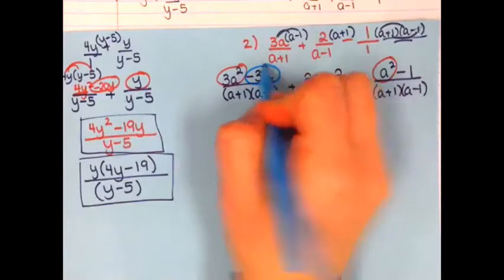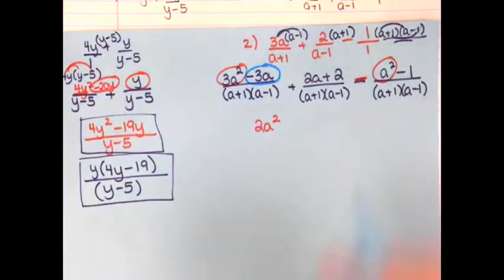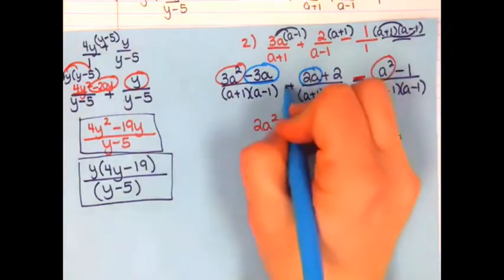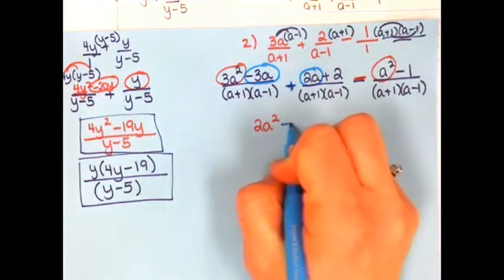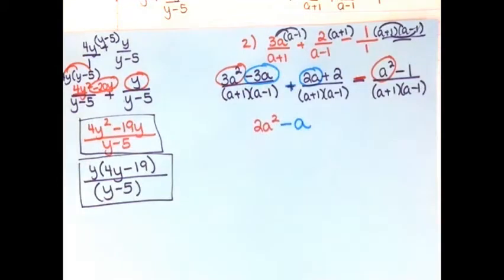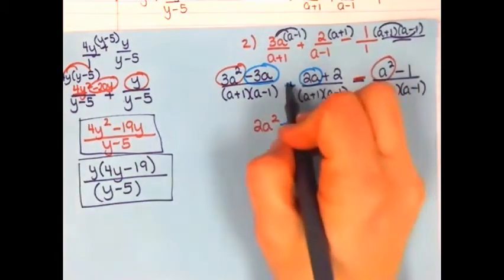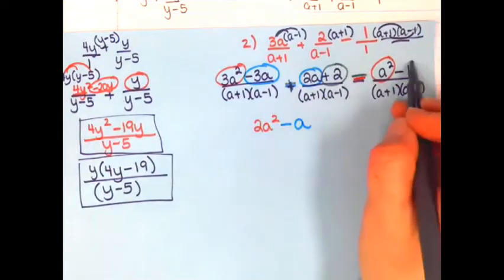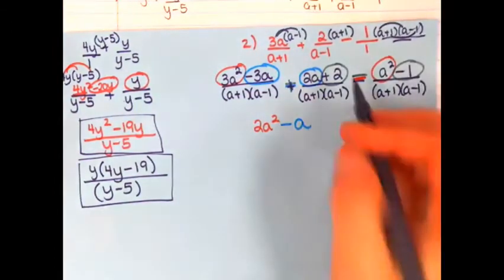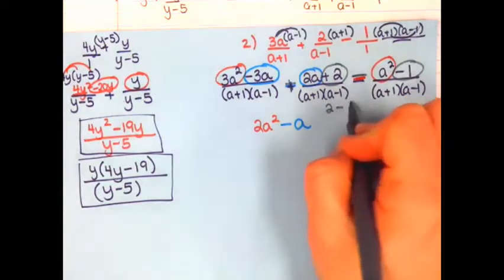What else is negative 3a alike with? 2a. And what are we doing with that 2a? Adding. So what's a negative 3a plus 2a? Negative a. Okay. And then we are adding a positive 2. So this is positive 2, and we're subtracting what? A negative 1. So what's a positive 2 minus a negative 1?